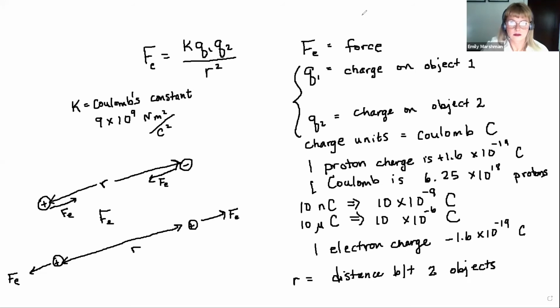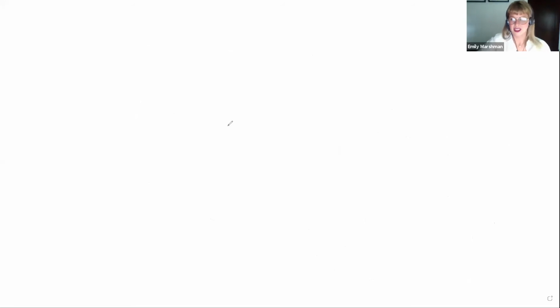The last part of this chapter is focused on electric potential energy and electric potential. So electric potential energy and electric potential.